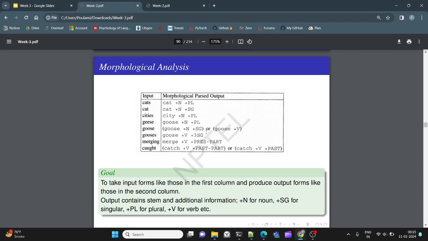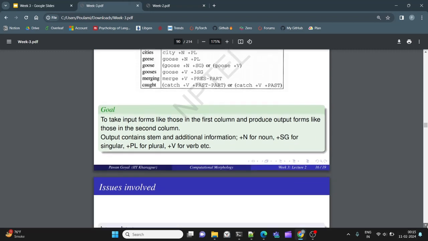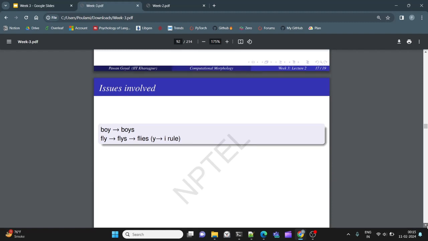In case there's some ambiguity regarding the part of speech tag, the ambiguity here lies in the tense, whereas here the ambiguity is in the noun. In goose, the ambiguity is that goose can be a noun, a singular form of a noun, whereas goose can also be a verb. So this is the output of morphological analysis.